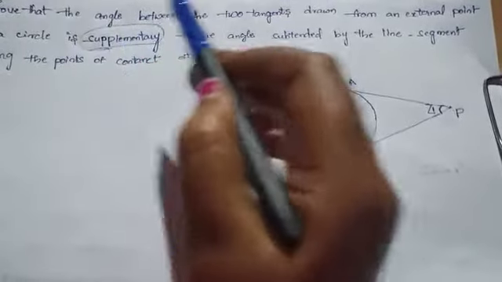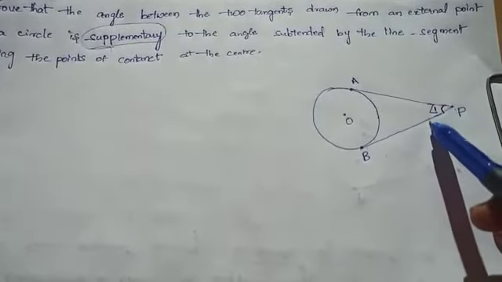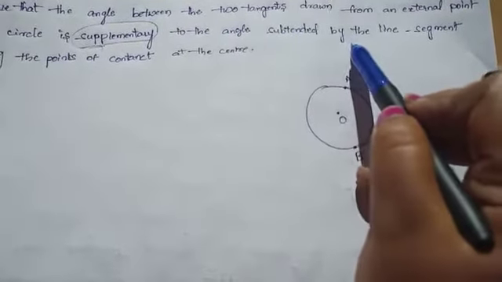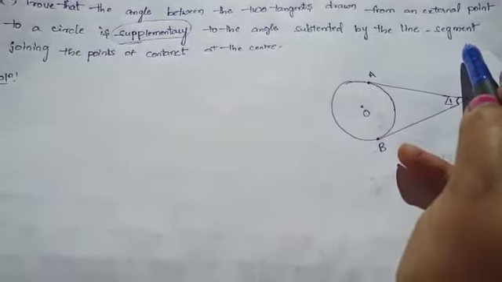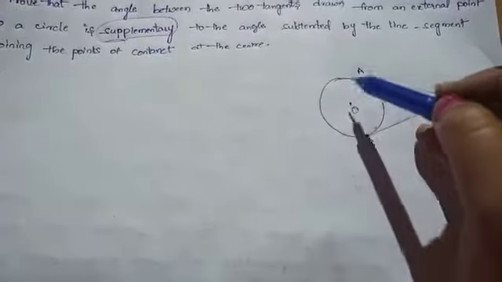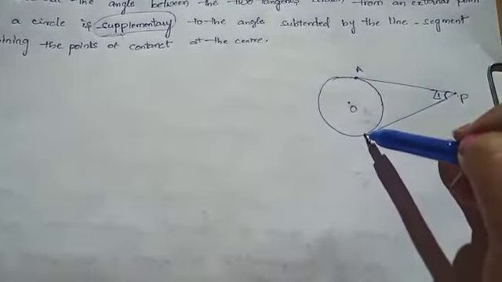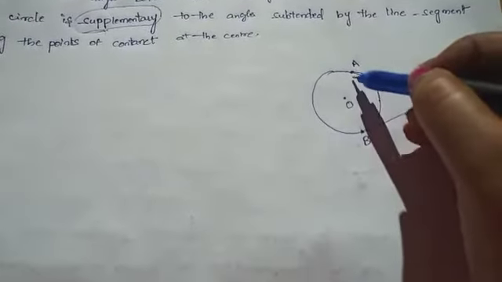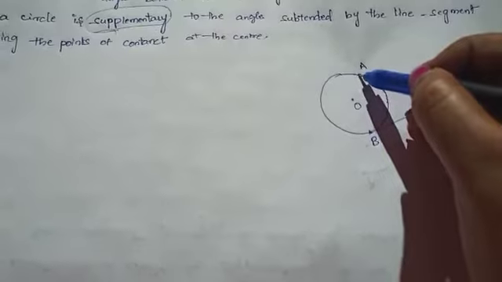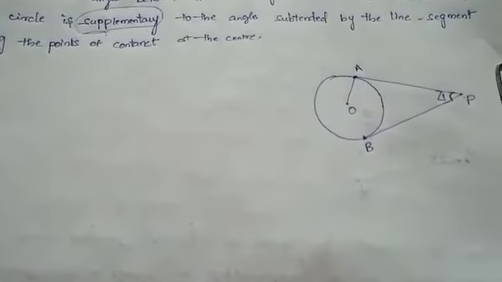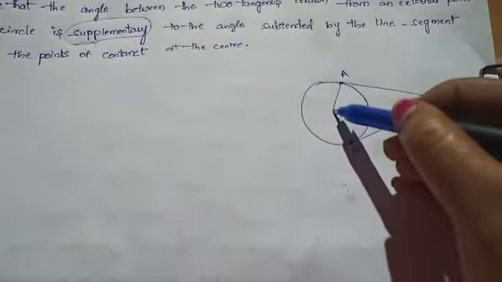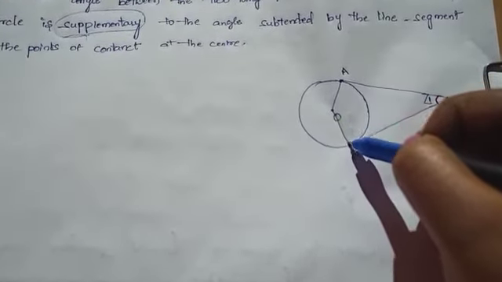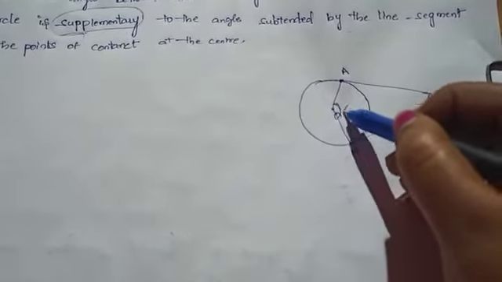Here one angle is the angle between the two tangents, another angle is the angle subtended by the line segment joining the points of contact, which are A and B, at the center. Another angle is joining the points of contact to the center. This is angle 2.